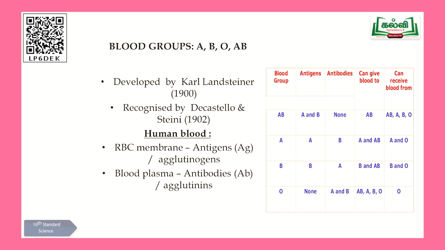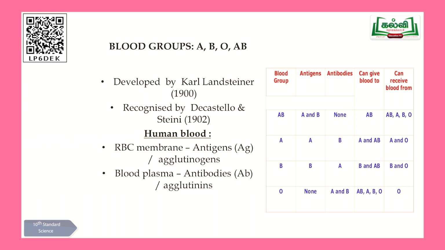If you belong to group A, your RBC outer membrane will have antibody B and the plasma will have A antigen. If you belong to B group, your membrane will have A antibody and B antigen. If you belong to AB group, your outer membrane will not have any antibody, and your plasma will have antigen A and B.